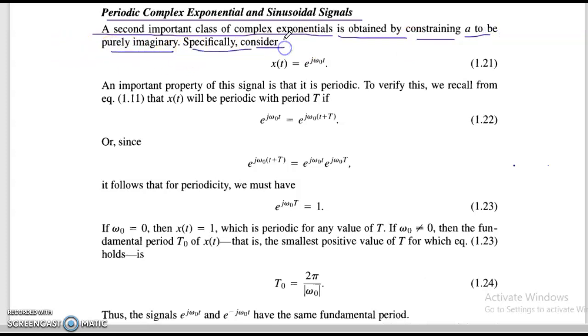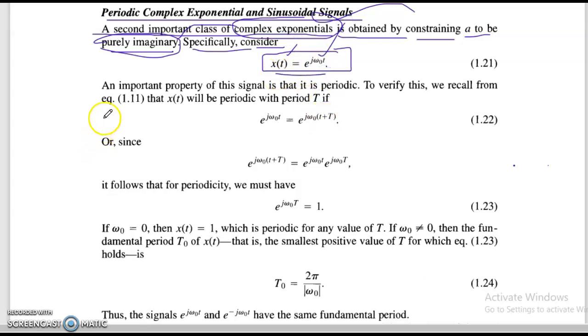Specifically, consider x of t equal to e power j omega naught t. That is, the complex exponential is attained with a purely imaginary.